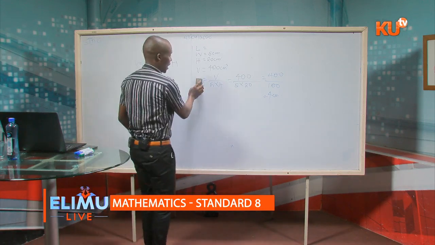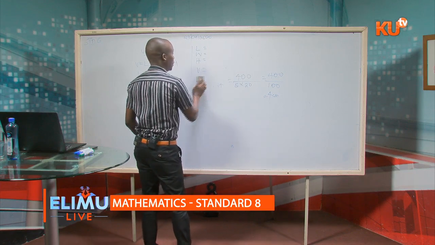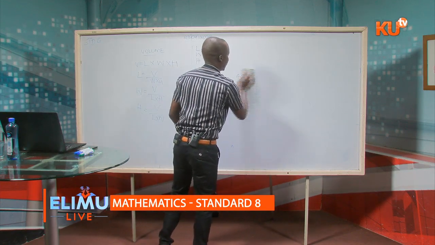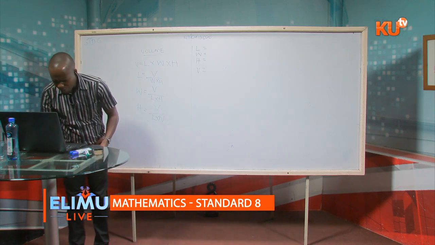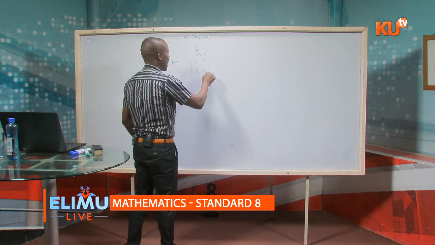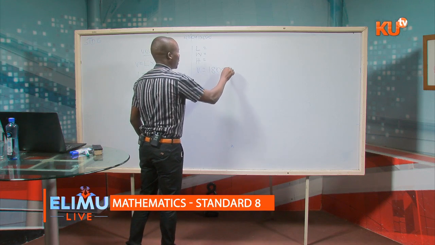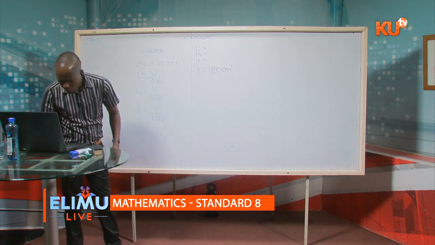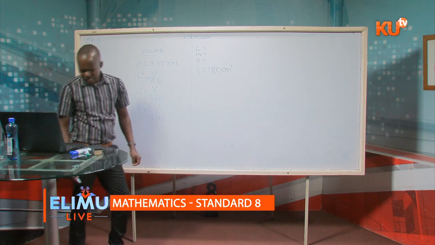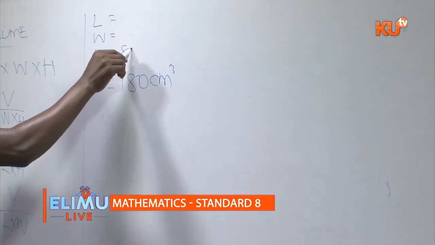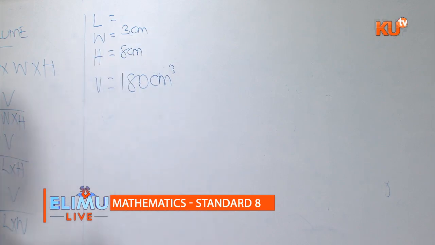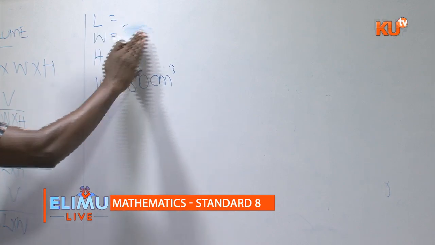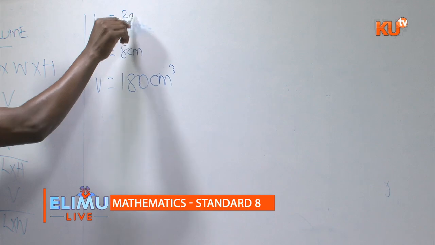Then, another example whereby we are now given volume still and others. We are given now volume as 180 cubic centimeters, and then height is 8, and length is 3.